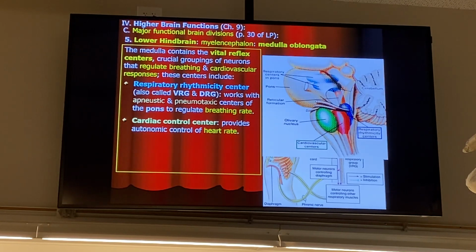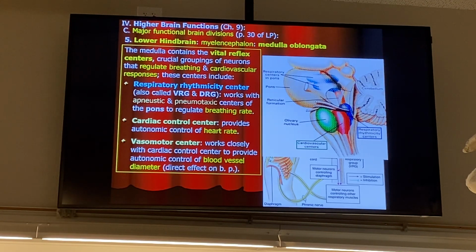Then you have the CCC and the VMC. This is controlling both heart rate and strength of contraction of your heart.